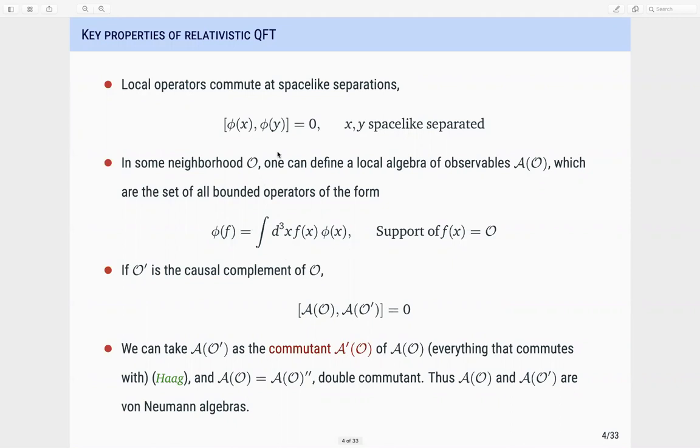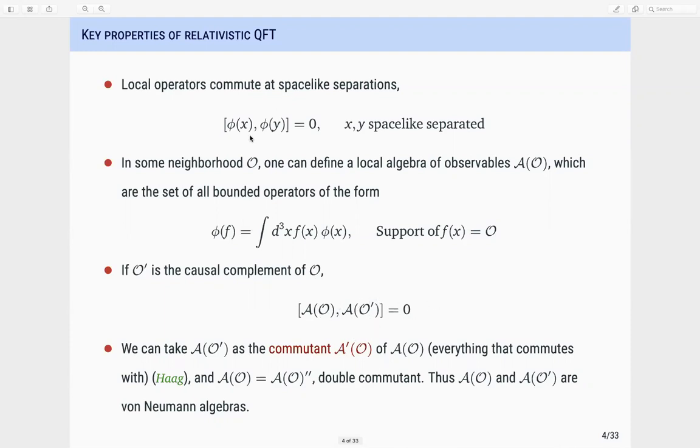In some neighborhood of space, I can define a local algebra of observables by looking at bounded operators of this form, where f is some test function which has support in the region O. So these are local operators. And if O prime is causally disconnected from O, so it's in the causal complement, so to speak, then the operators in O prime commute.